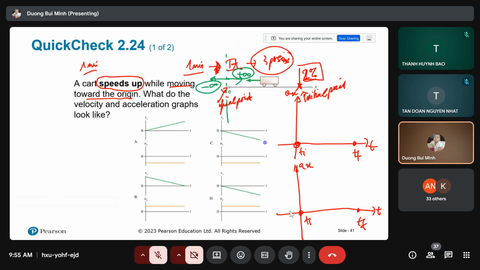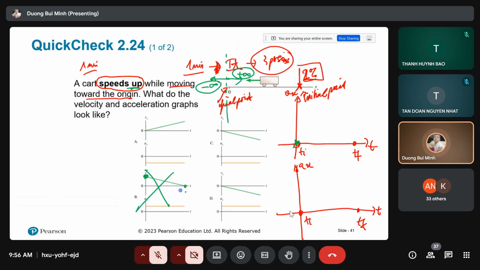For the speed up, at the beginning, vi should be 0 because we start to have the velocity. So we can delete this one, because at the beginning we have some value of velocity, and after that it slows down, not speeds up. So delete this one.